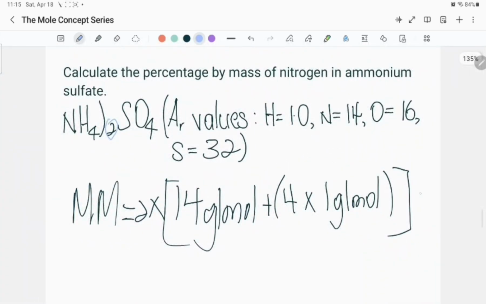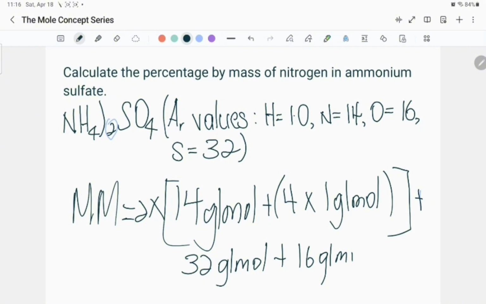We have sulfur, which is 32 grams per mole, plus oxygen 16 grams per mole times 4.